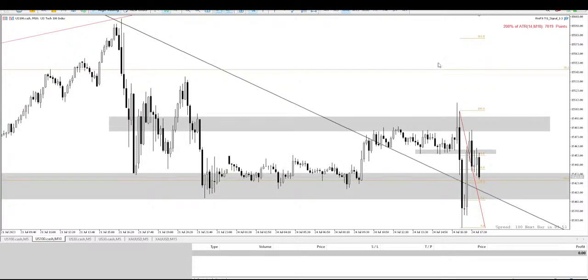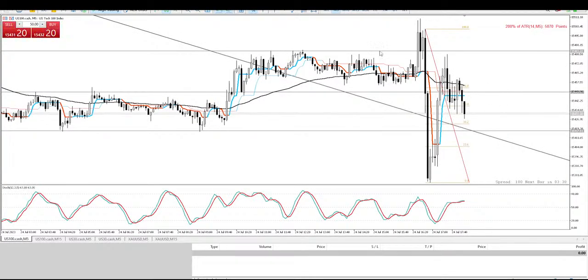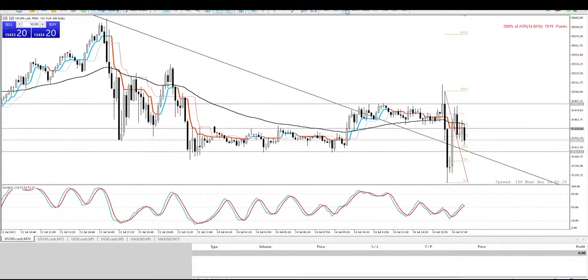All right, so here it's pushing to touch that 50. Okay, so to go long, we're waiting for rejections off of this level. If it does break through, we have to wait for a pullback to confirm a short.